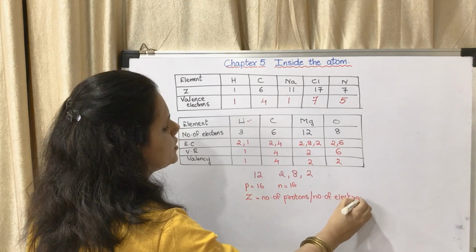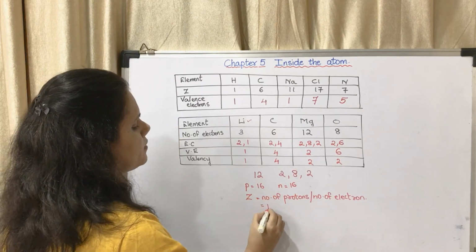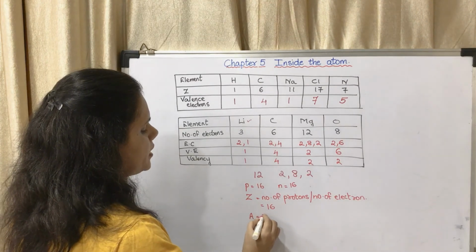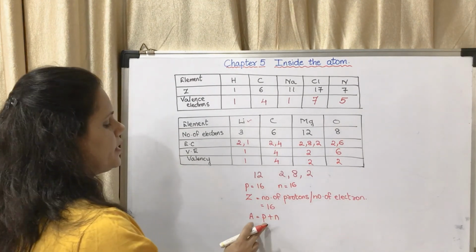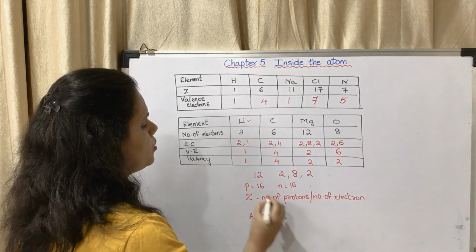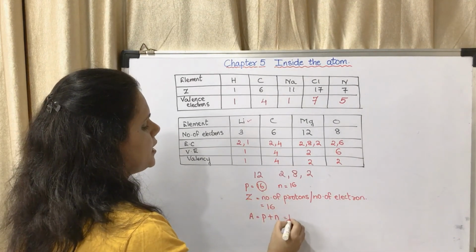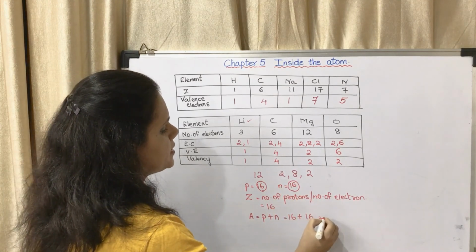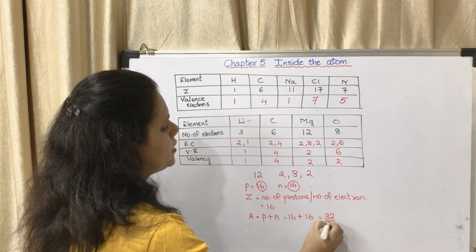So the atomic number will be 16. What is atomic mass number? Atomic mass number is P plus N, that means number of protons plus number of neutrons. So how many protons? 16. How many neutrons? 16. So 16 plus 16, that will be 32.